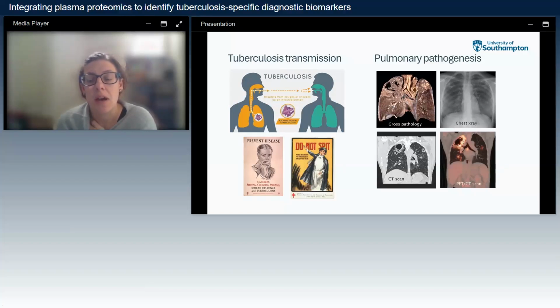And if you do a PET CT, with a radioactive tracer that highlights metabolically active tissue, you can see that the outside of this cavity lights up, which is reflective of high levels of inflammation and metabolically active tissue.